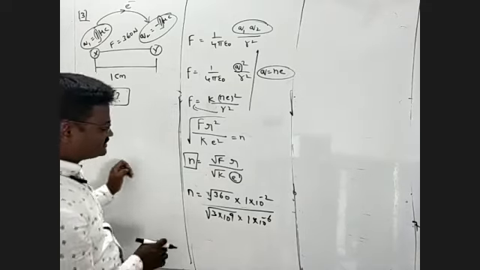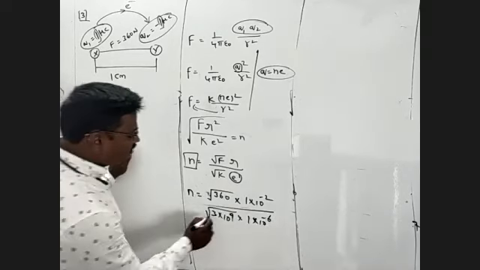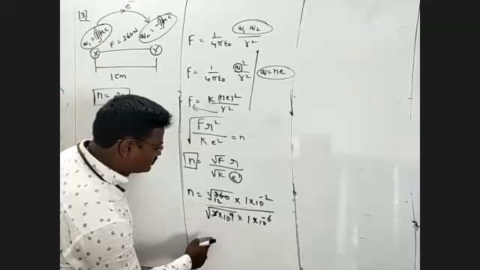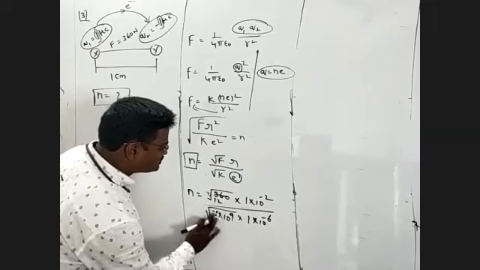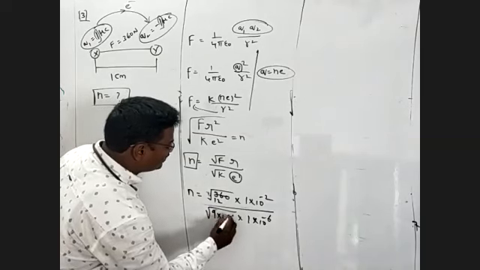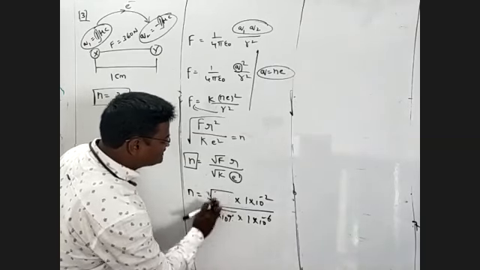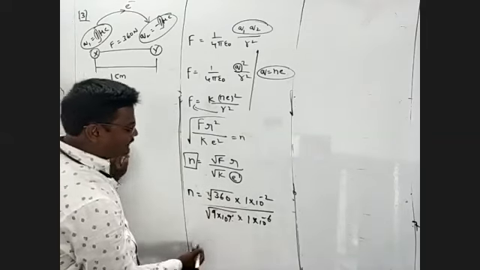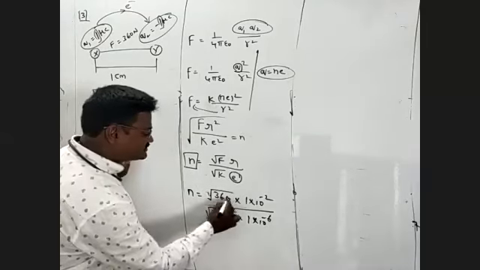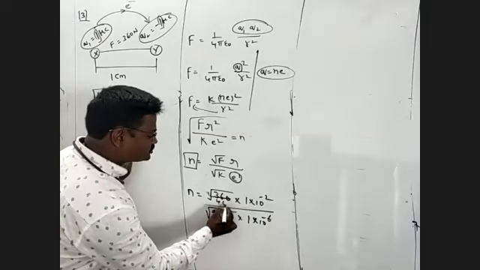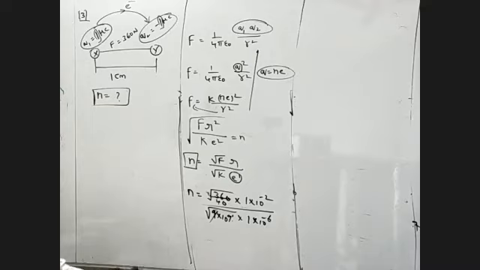Now we calculate. The K value is 9 into 10 to the power of 9, and 360 gives 36 with a 0.